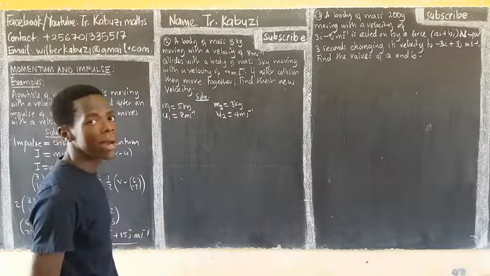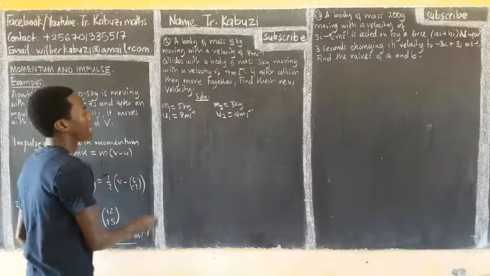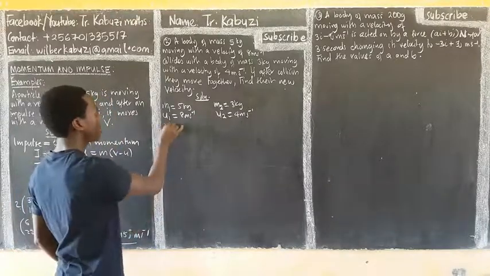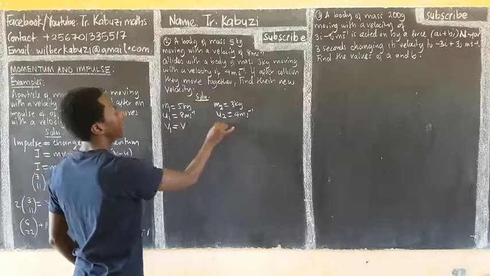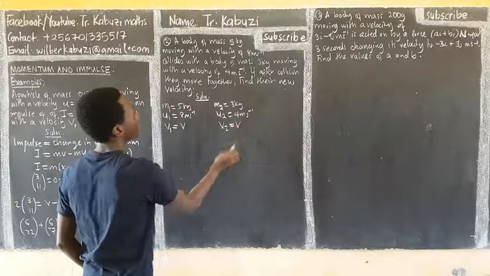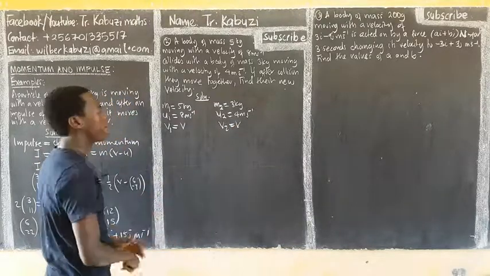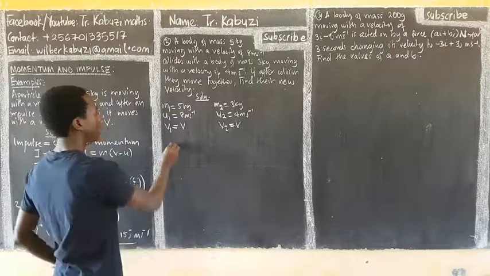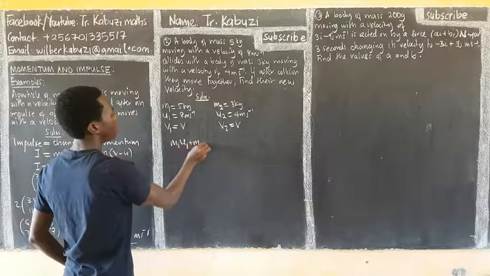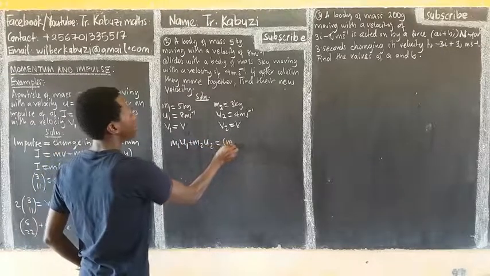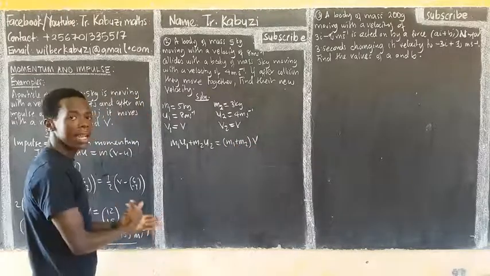So we are doing the inelastic collision, where when they collide, they remain together. The formula we are going to use: v1 is equal to v and v2 is also equal to v, because after collision they move together, which means they have the same velocity. So m1u1 plus m2u2 equals (m1 plus m2) into v, inelastic collision.